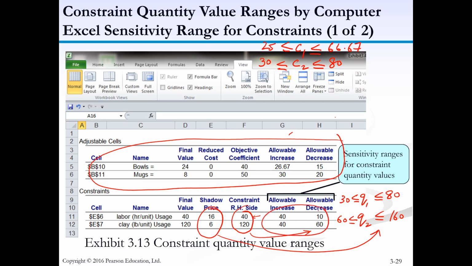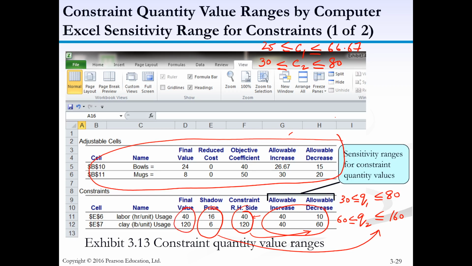This is very good information from the management point of view, because now they know the worth of the resource and how much we can increase the number of hours or number of pounds, etc., so that we can increase the profit. So allowable increase and decrease tells us the range over which these shadow prices are valid.